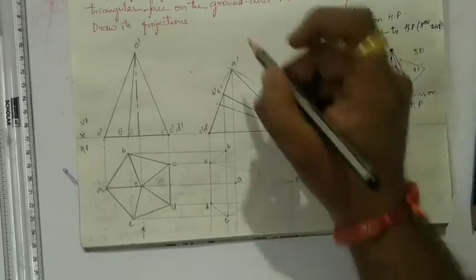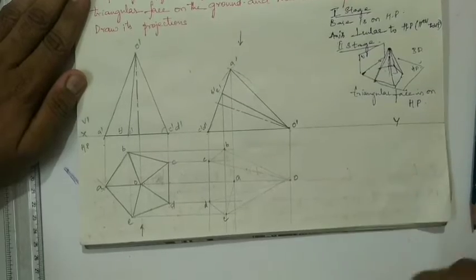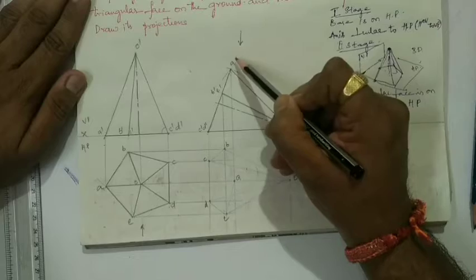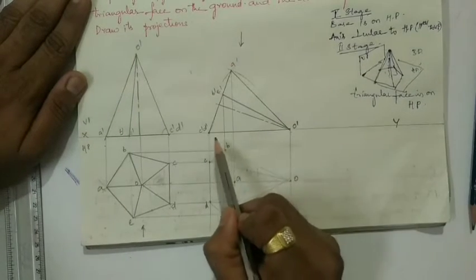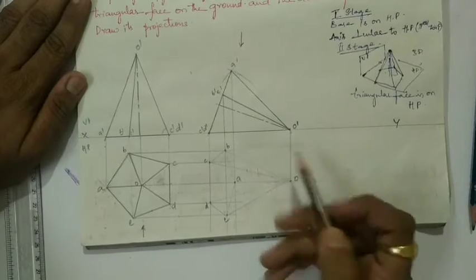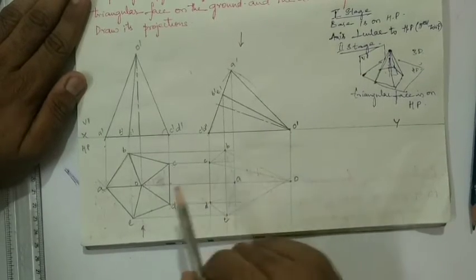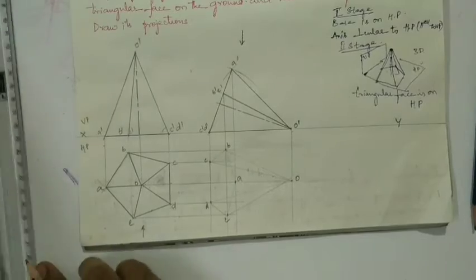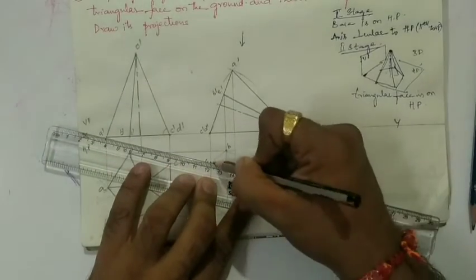So when you see it from the top view, the complete base portion is visible for us. The only thing is that the slant triangular face, because as it is mentioned, this complete triangular face is completely on the HP, is not visible when you see it from the top view. So draw that one with dashed lines.